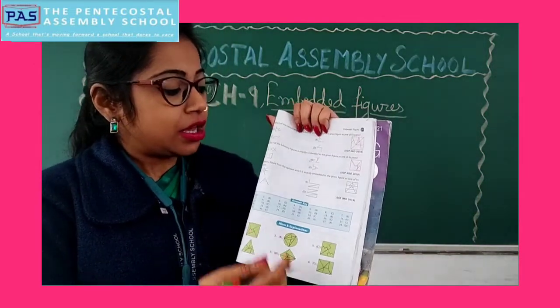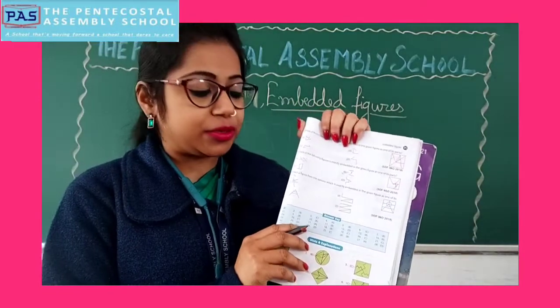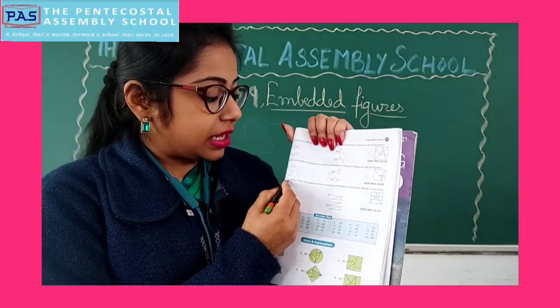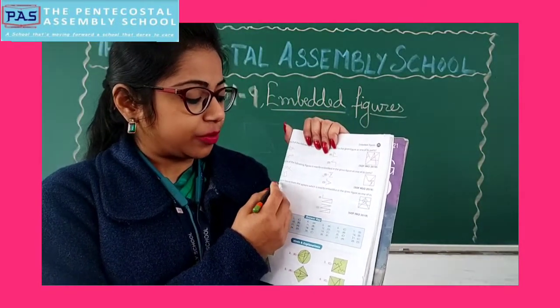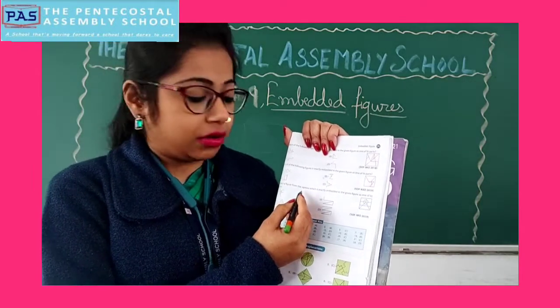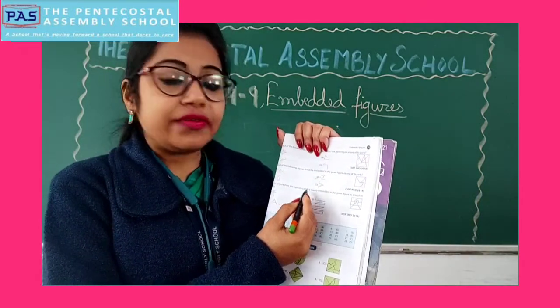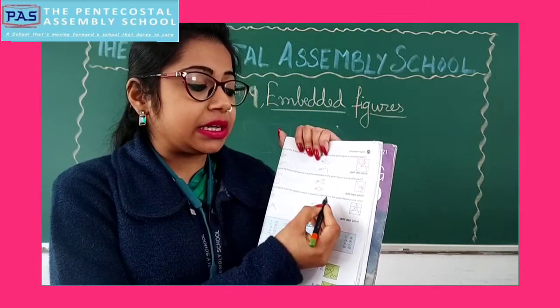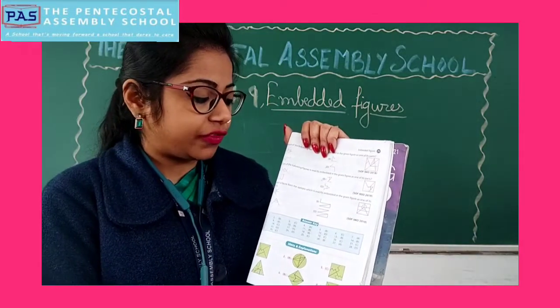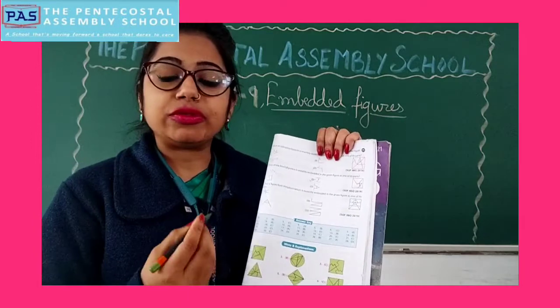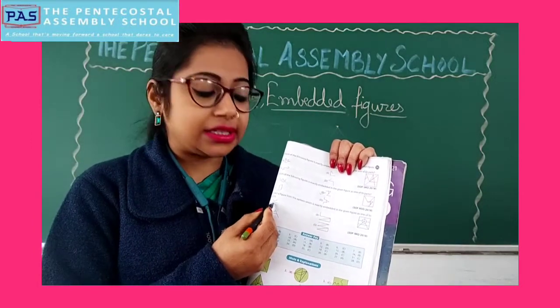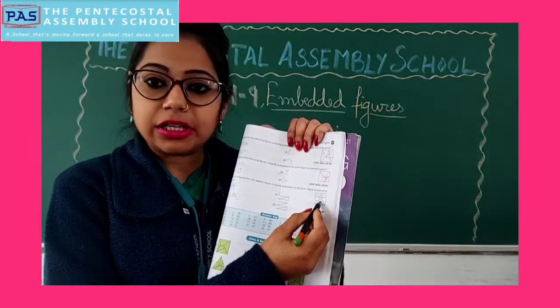Now let us see the last question of this chapter, question number 30. Select a figure from the options which is exactly embedded in the given figure as one of its parts. You have to select the figure which is exactly embedded in this figure.